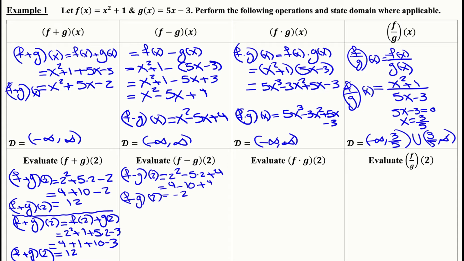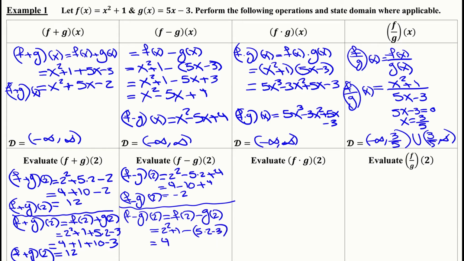Notice that we could have also done it directly again by realizing that f minus g of 2 by definition is f of 2 minus g of 2. We could have bypassed having to use this altogether, and then we could have just gone directly to the definitions of f and g. So f of 2, that means 2 squared plus 1, minus, let's not forget the parentheses, g of 2, which is going to be 5 times 2 minus 3.